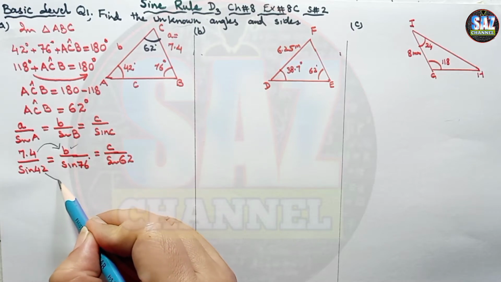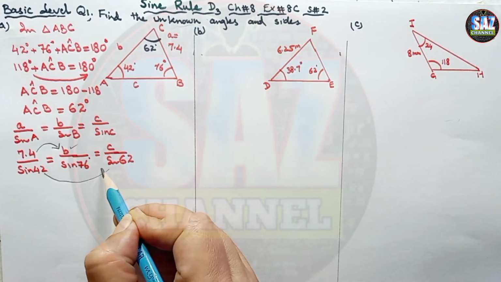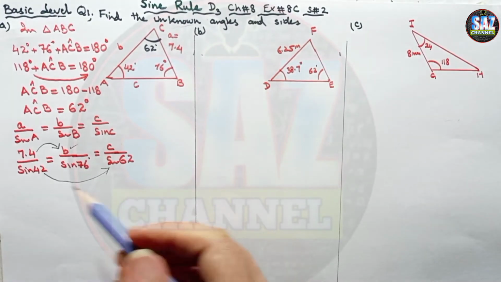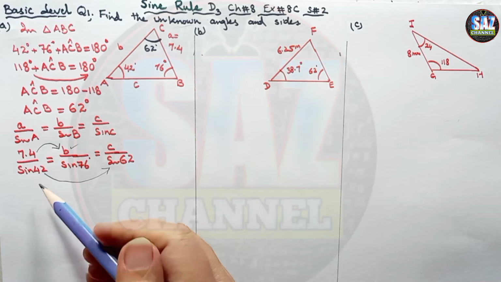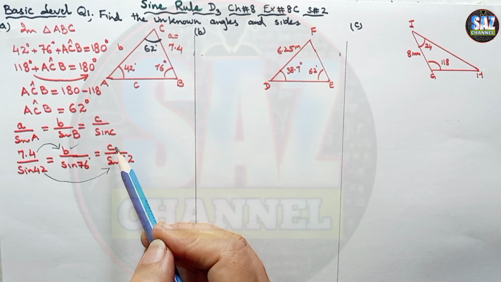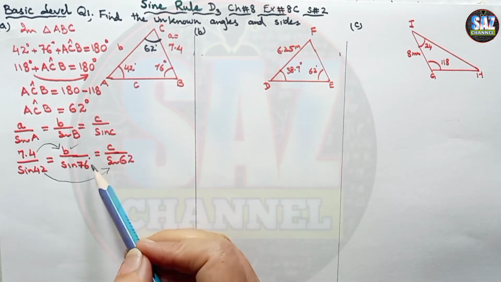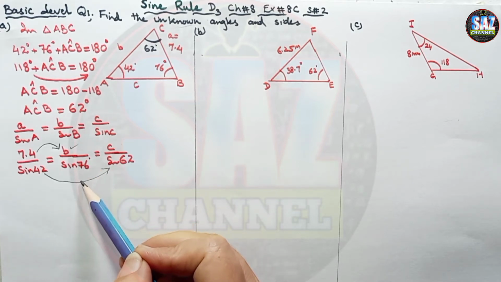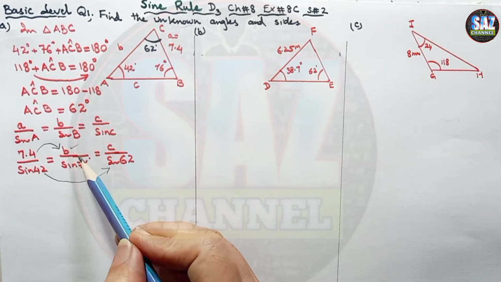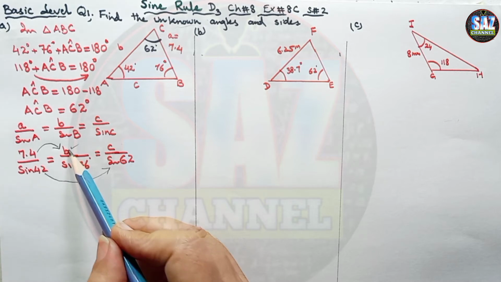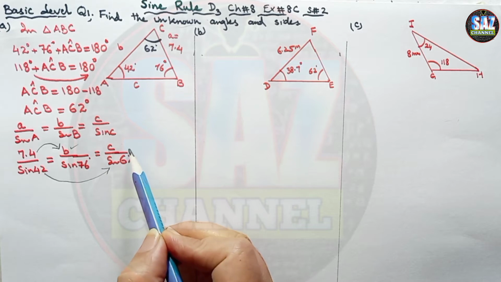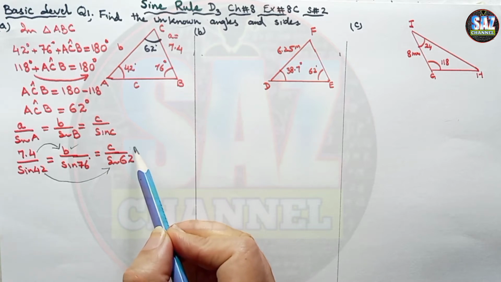Then we equate a upon sine A with c upon sine C. I always tell my students that although after finding b we could use length b for calculating c as well, we should avoid using calculations we have done on our own. The reason is that maybe that calculation is incorrect, and this incorrect answer will cause an incorrect answer in the next part as well. So we have to be really careful about this.